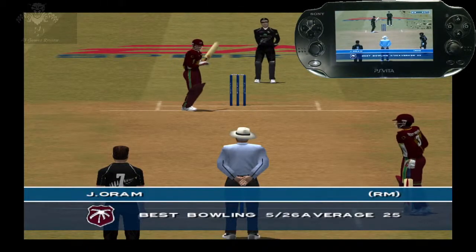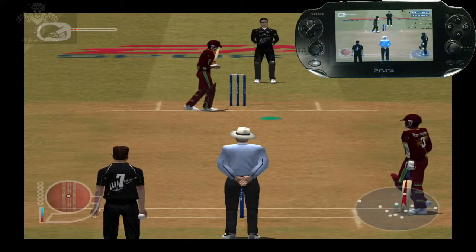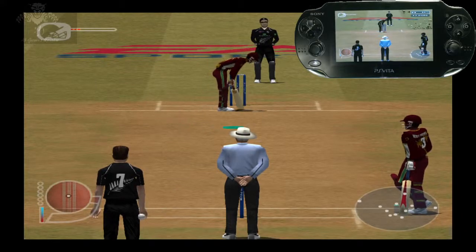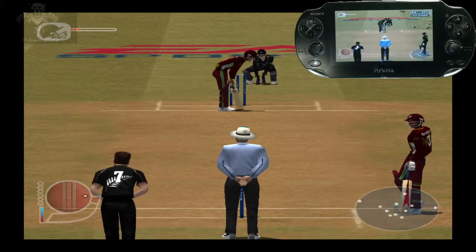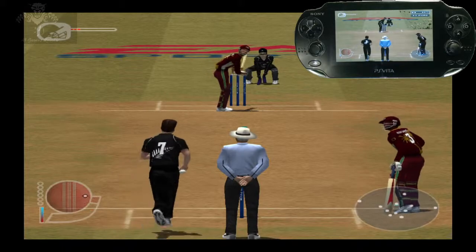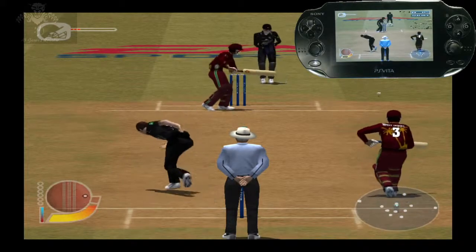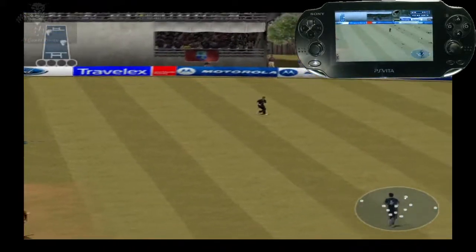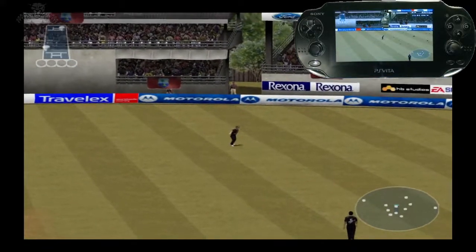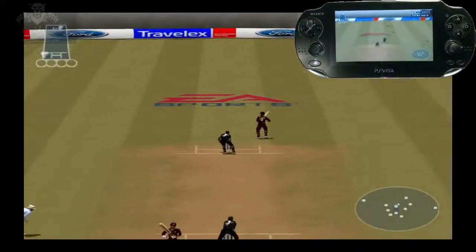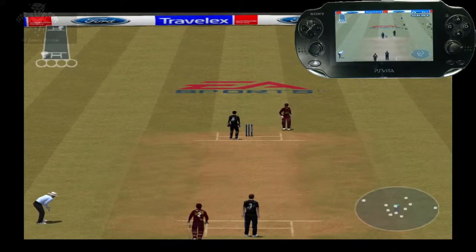Hines is now on strike. Hines just guides the ball down to third man. Just one run.